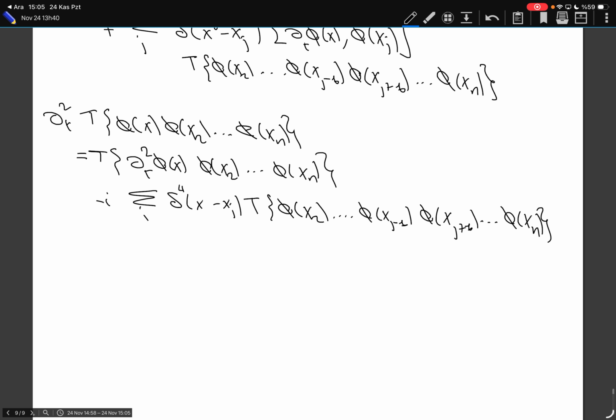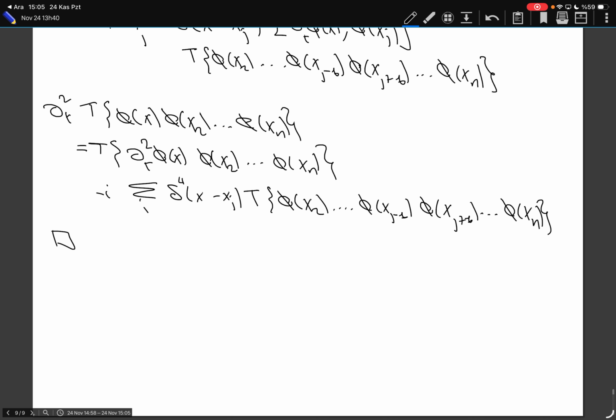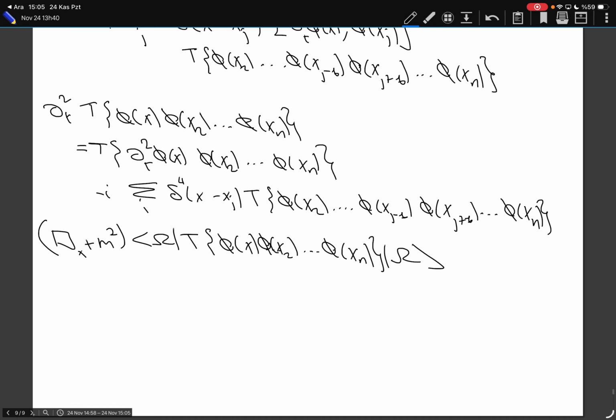Now in particular, I can just act with this thing on my time ordered product. Let's even say the time ordered matrix element of that time ordered product. This is the matrix element in the full theory.